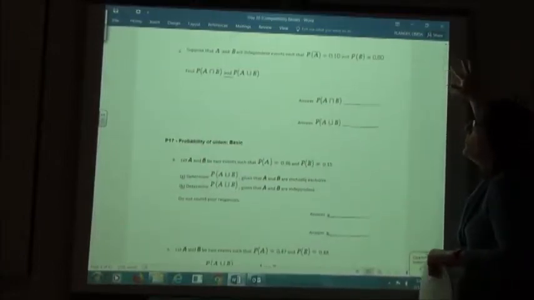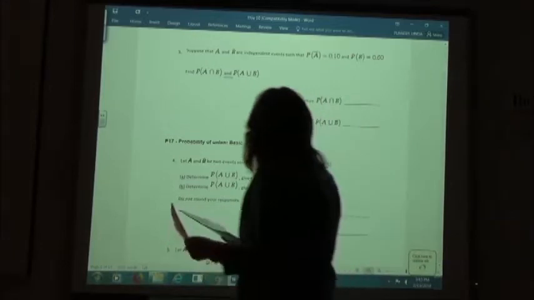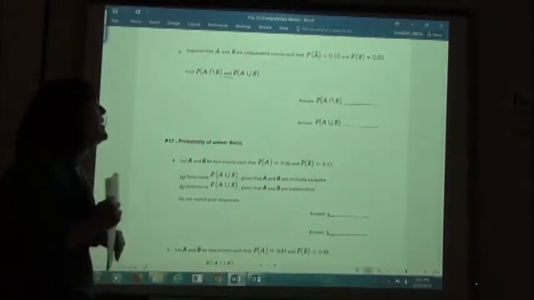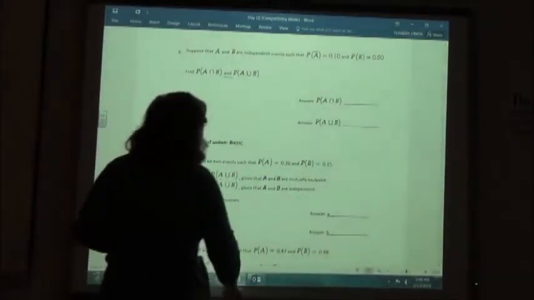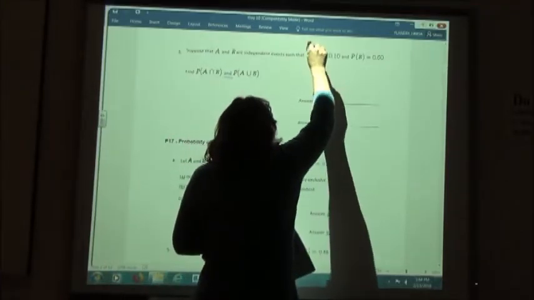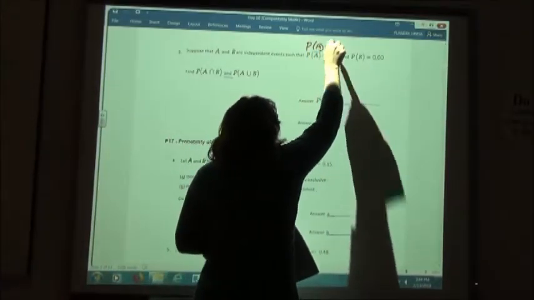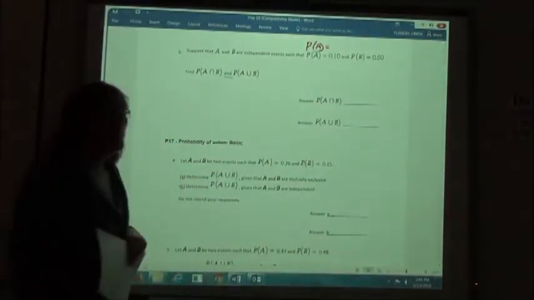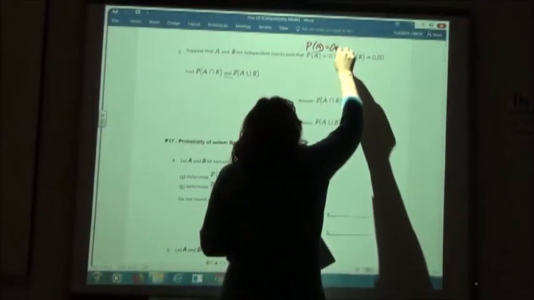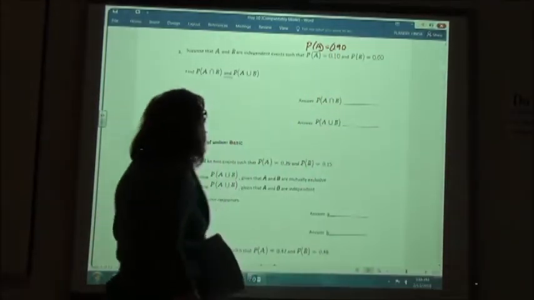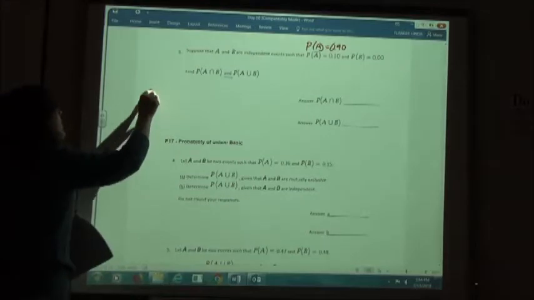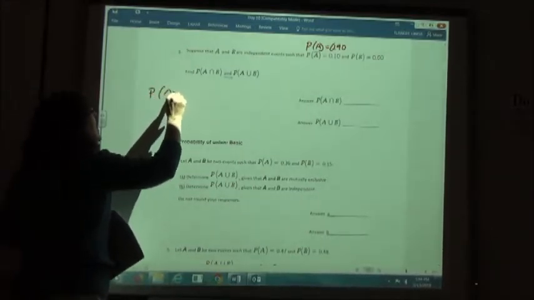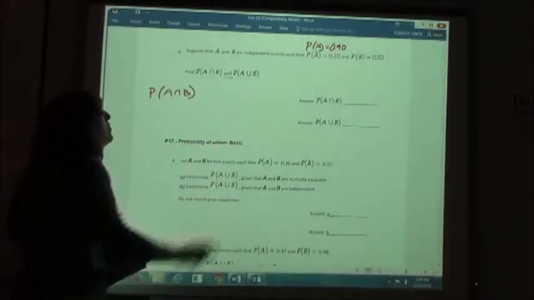So on number 3, suppose that A and B are independent events such that the probability of A not happening is 10%, which means the probability of A actually happening would be 90%, so 0.90. If I'm going to find the probability of A and B, what would I do?